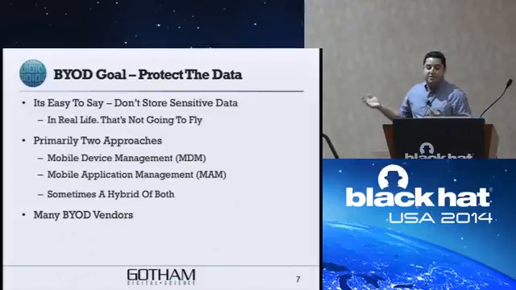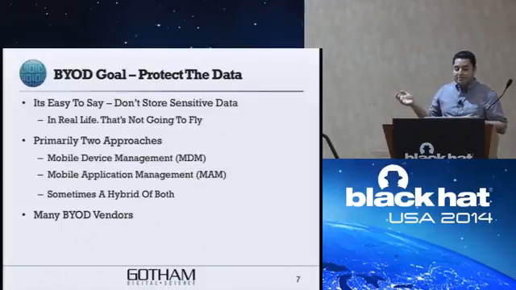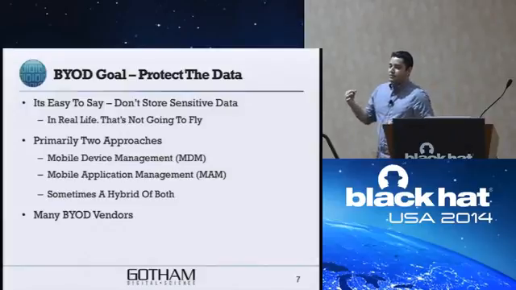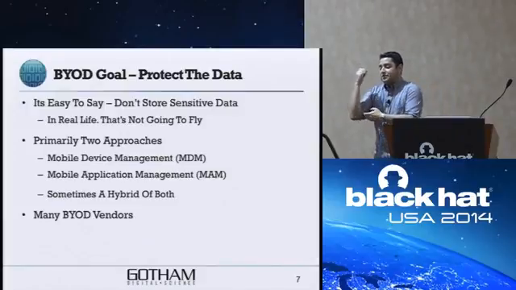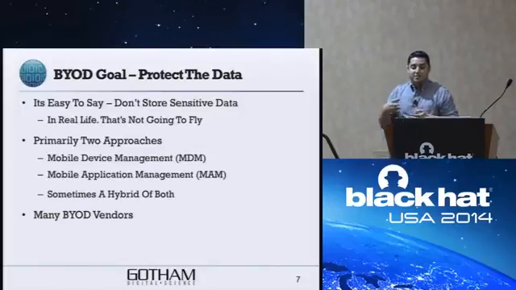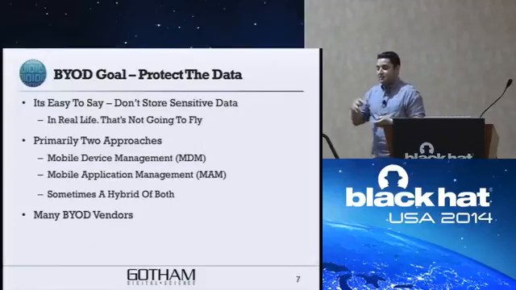And then there's the two approaches, MDM and MAM. With MDM, the goal is to manage the device at the OS, the device level. So if I'm going to be setting policies, it's going to be at the device level.